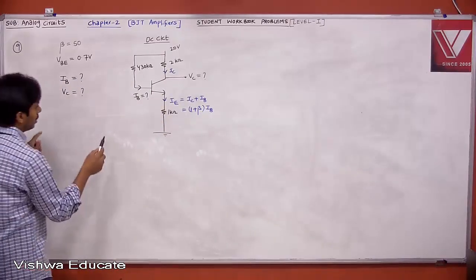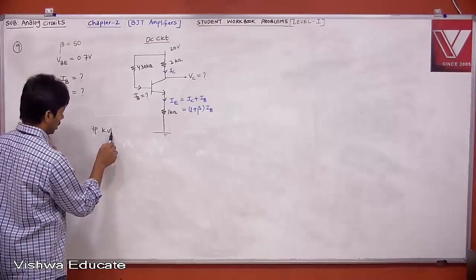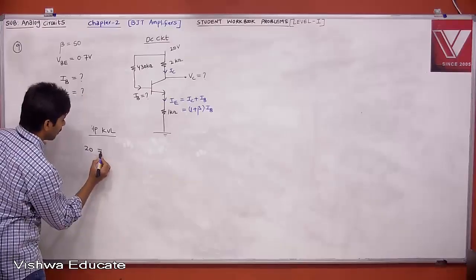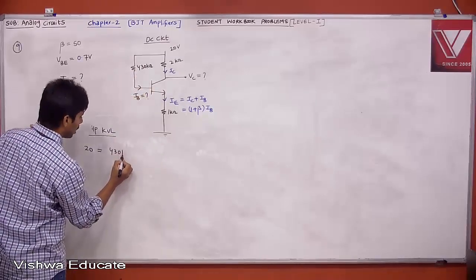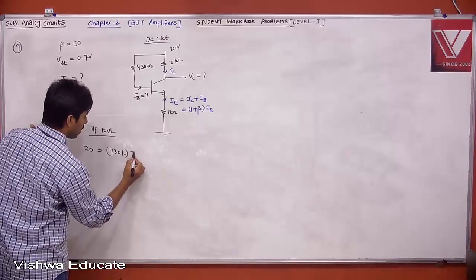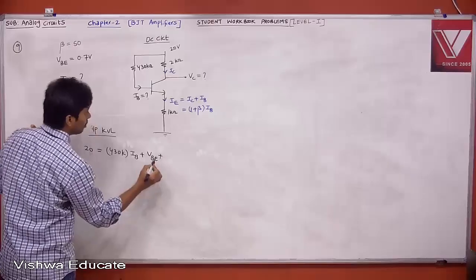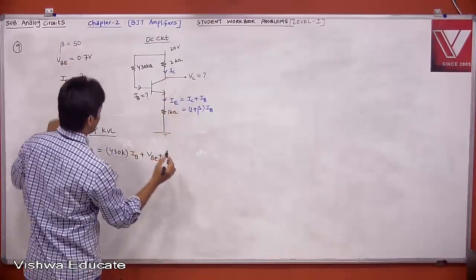Now, write down the input KVL. 20 is equal to 430K into IB plus VBE plus 1 plus beta into IB into 1 kilo ohm. What is 1 plus beta? Beta is given already, right?